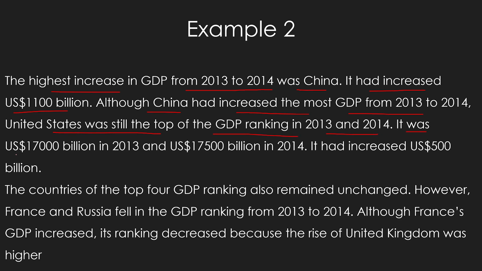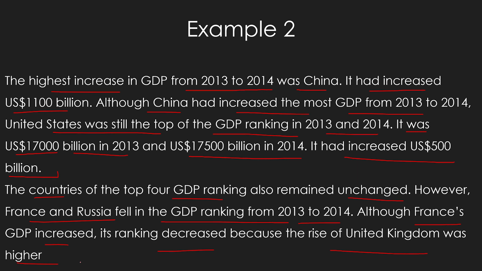It was US 17,000 billion in 2013 and 17,500 billion in 2014. It had increased US $500 billion. So the countries of the top 4 GDP ranking also remained unchanged. However, France and Russia fell in the GDP ranking from 2013 to 2014. Although France's GDP increased, its ranking decreased because the rise of the UK was higher.